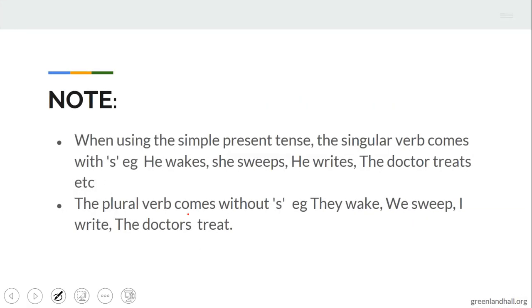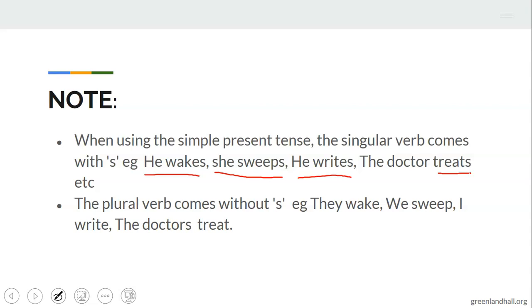Notes. When using the simple present tense, the singular verb comes with S, for example, he wakes, she sweeps, he writes, the doctor treats. So we have wakes, sweeps, writes, treats. You can see that the verbs all carry S. So that is called a singular verb in English.